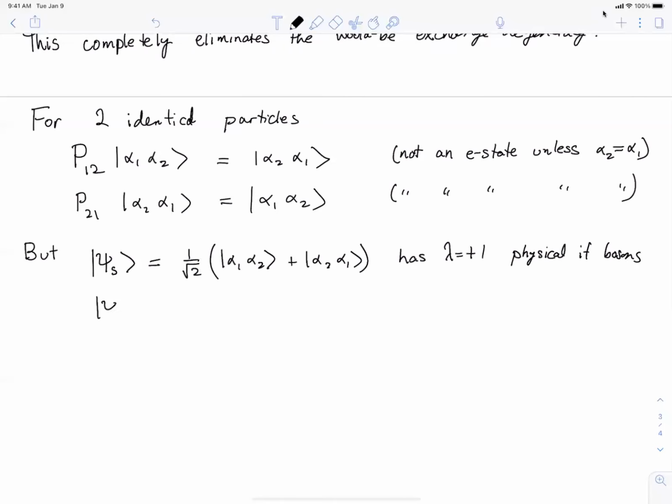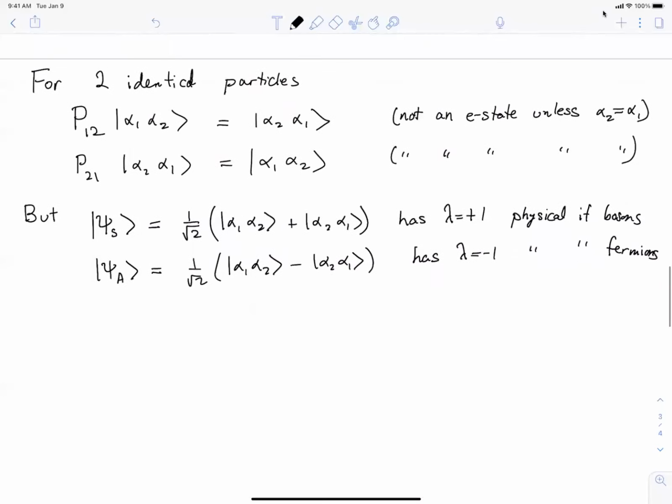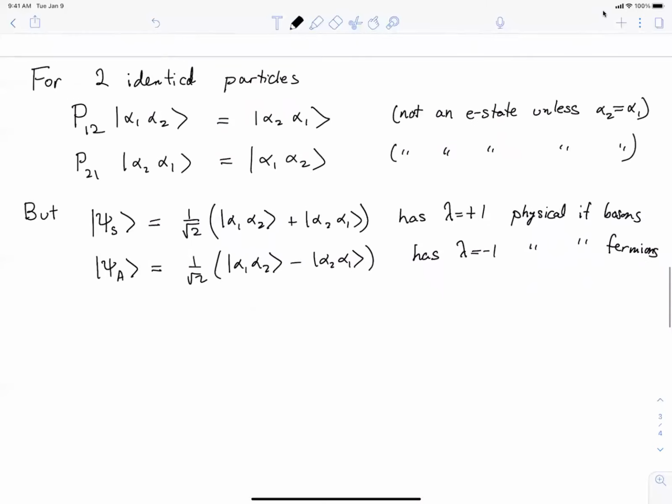And the antisymmetric combination, just the same thing but with a minus sign, has eigenvalue -1, and that's physical if they're fermions. So you get one or the other, and you only get that one linear combination as a physical state. All the other linear combinations are disallowed.